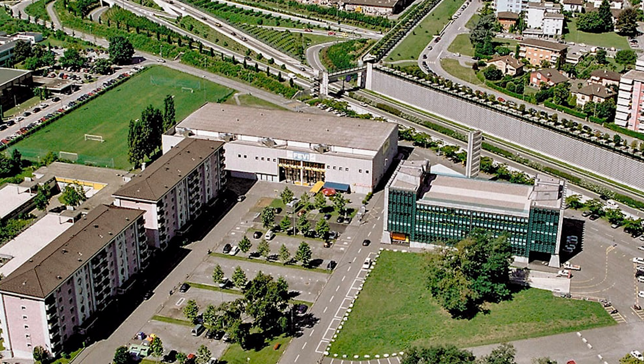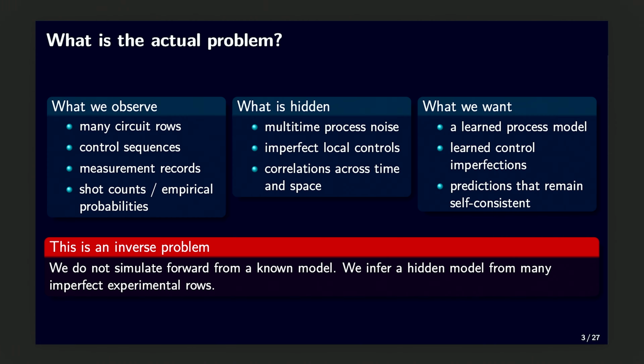As you can see, we are dealing with an inverse problem. In standard physical simulation, you have the model, you throw some inputs into it, and you get the output, right? But here we have millions of imperfect controls and the experimental data, and we really want to infer the mathematical model that is generating that experimental data.